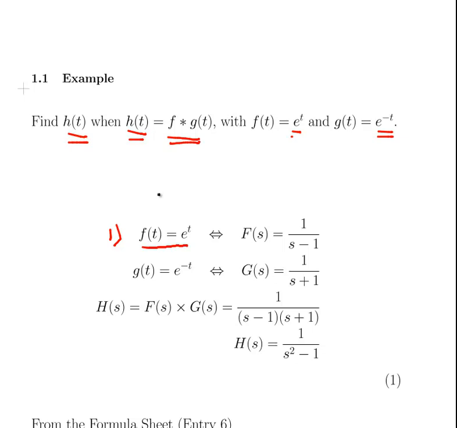The Laplace transform of e to the power of t is 1 divided by s minus 1. Something similar for the second one: g of t is e to the minus t, so the Laplace transform, g of s, is 1 over s plus 1.